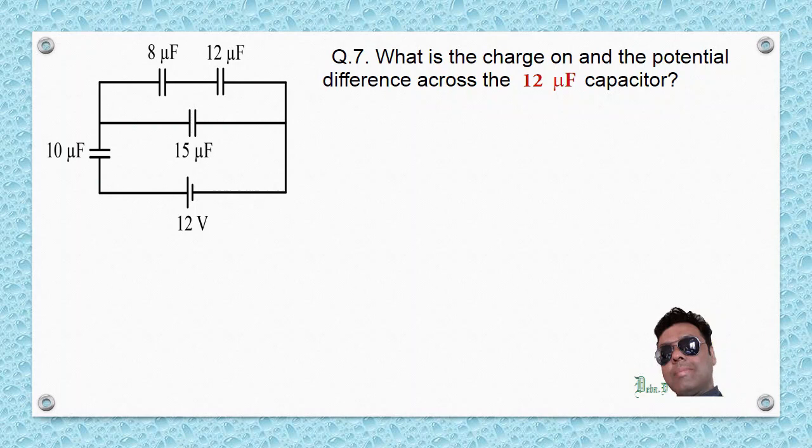Okay, another question now. What is the charge and the potential difference across the 12 microfarad capacitor? So similarly, this is exactly the same question as you have done in your question number 6. Now here you can at first find out the equivalent capacitance of 8 micro, 12 micro, that is in series, then parallel, this parallel with 15 microfarad, this series and parallel combination together will be again in series with 10 microfarad.